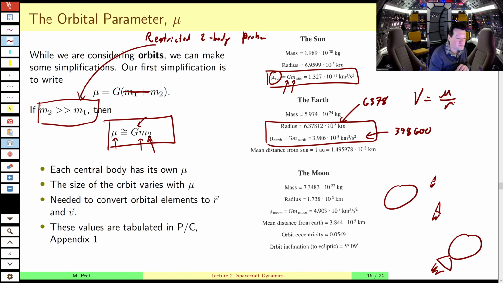In the two-body problem, the potential energy is just negative mu over r, because potential energy is negative. So on the surface of the Earth, you already have some potential energy, which is given by this value, 6378. So a very important number there.